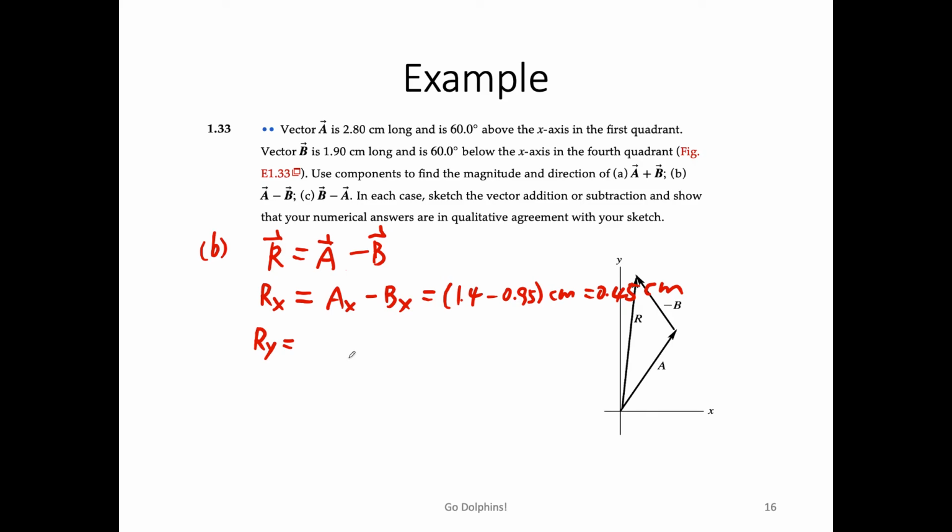Find out what the Y components are. Ry is AY subtract BY. Now the thing is BY is negative, so subtracting BY becomes positive.